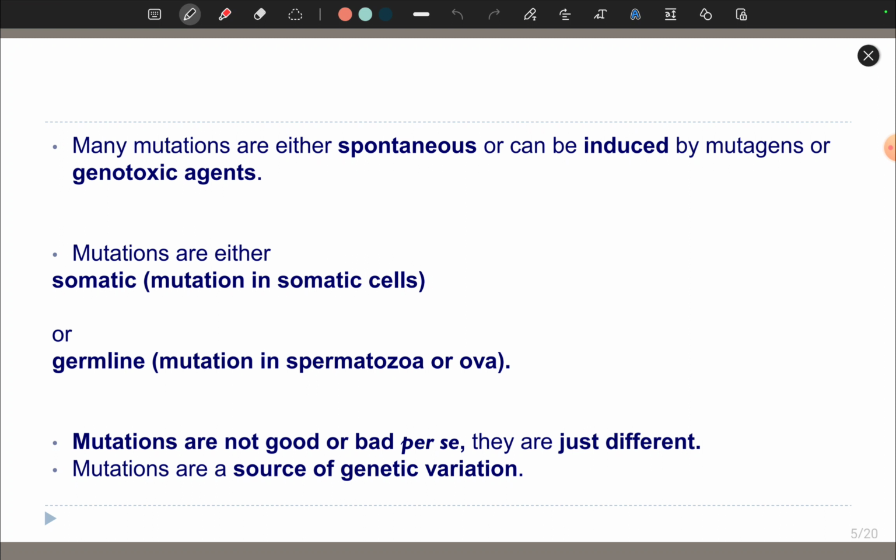For example, we know that sickle cell anemia is caused by changing one base pair from GAG to GTG, so glutamic acid becomes valine. A single nucleotide change from A to T, that type of point mutation, makes cells change their biconcave shape to sickle.